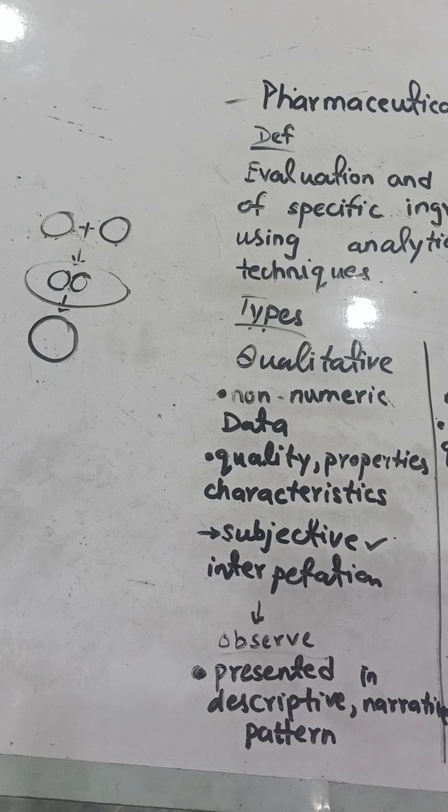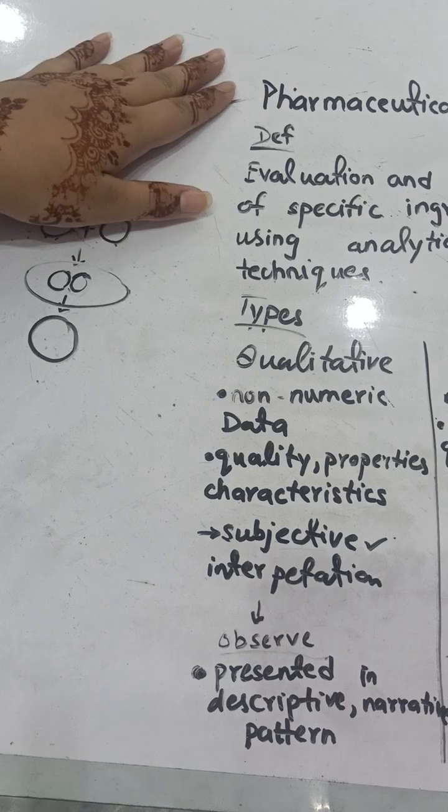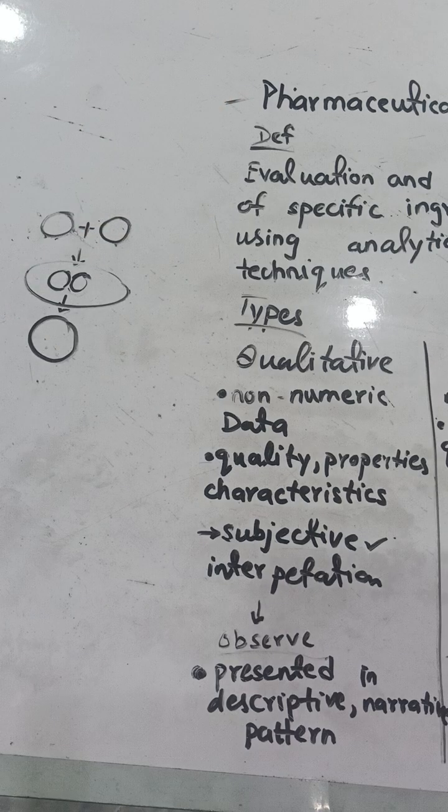Similarly, if our drug has any kind of impurity, like if I say this drug is not pure, I can check its purity using pharmaceutical analysis techniques. We can check the drug stability, whether it is stable or not, whether the product is efficient or not, and whether it is toxic or not.